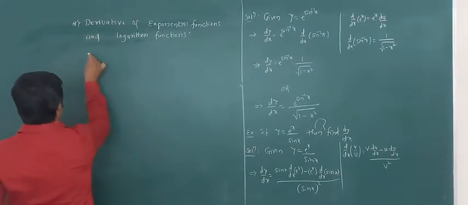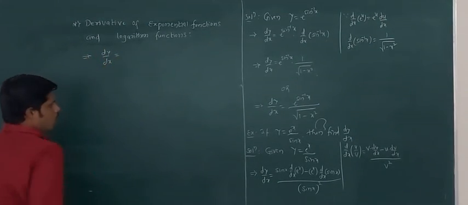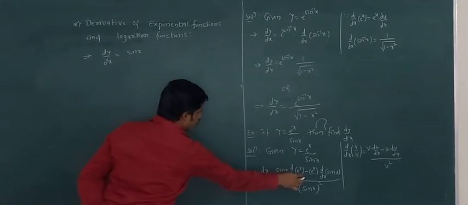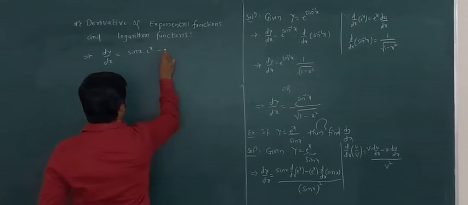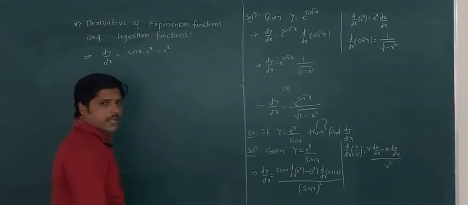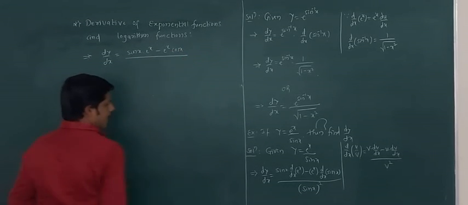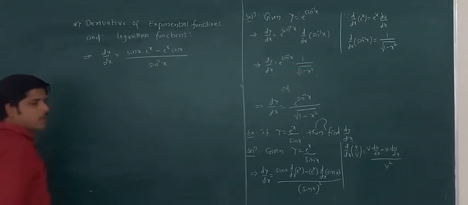Next, this implies dy by dx is equal to sin x as it is, and we know that differentiation of e to the power x is e to the power x, minus e to the power x kept as it is, differentiation of sin x that is cos x, divided by sin x whole square, which is nothing but sin square x.